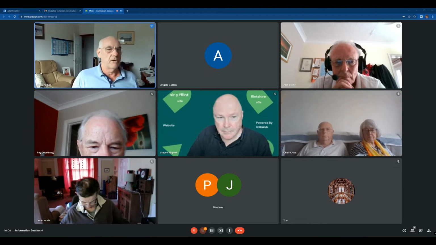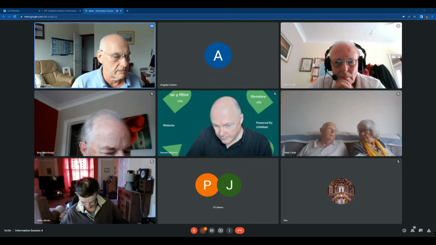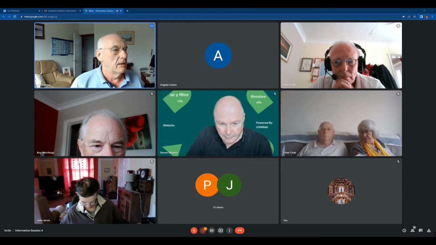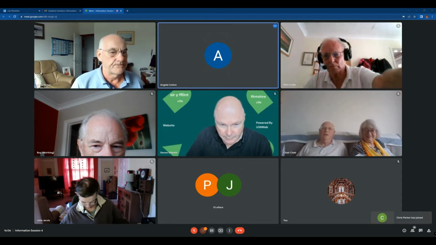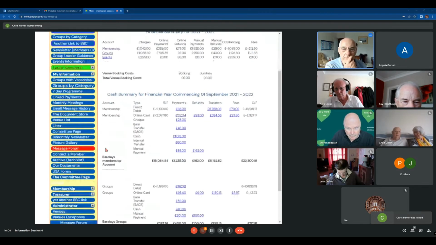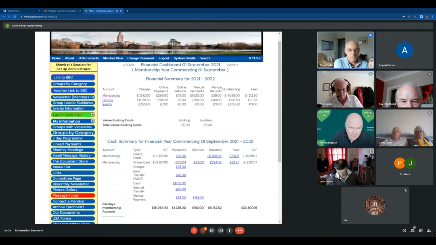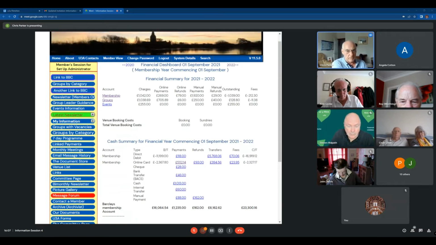Right. Okay. So, back to, now, what I wanted to just talk about was this Treasurer's dashboard will show all the payments that are made for membership when they're made for groups and events.